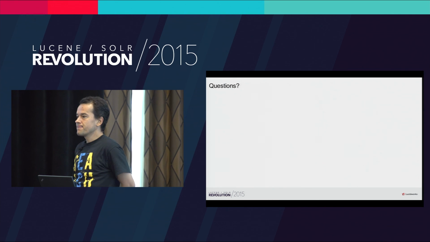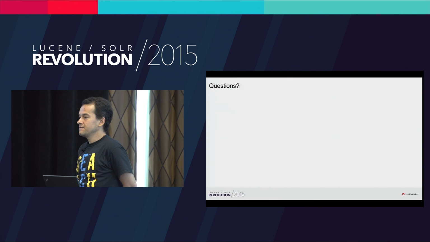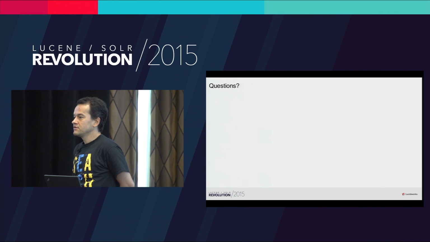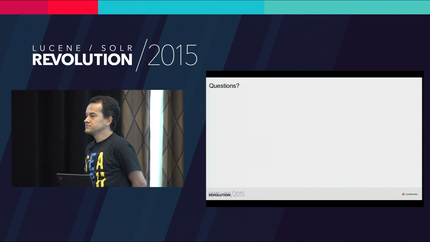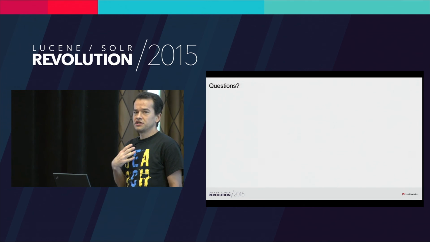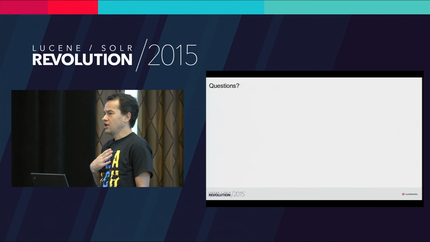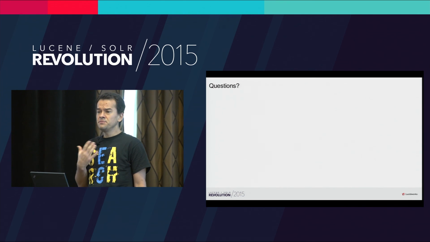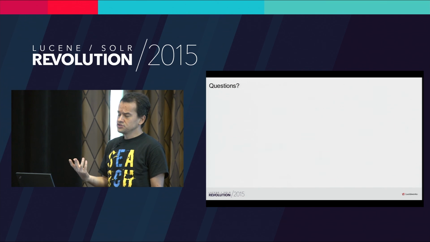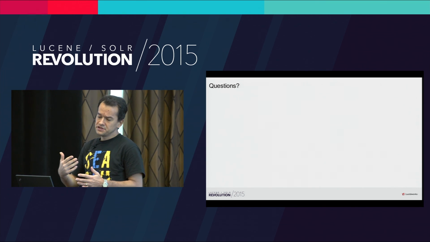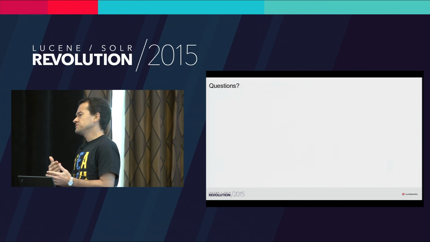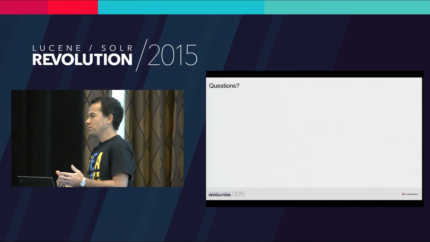Yes? You said that across columns, if I'm doing an aggregation, HBase would be more appropriate. Do you have a use case that you can give us, where you have to do aggregation across columns? Okay, the question was, do we have a use case where we need to aggregate over a lot of columns? Well, the typical queries that users send are, they're interested in the number of sales, then the number of rejected sales, open sales.